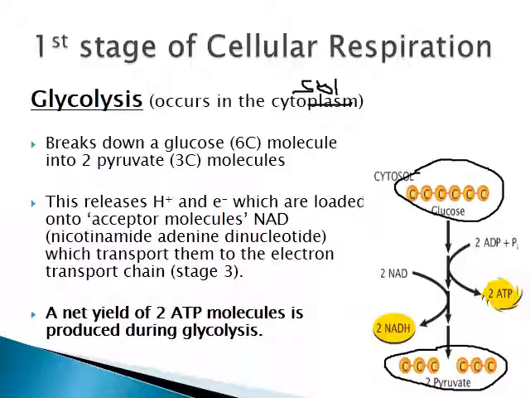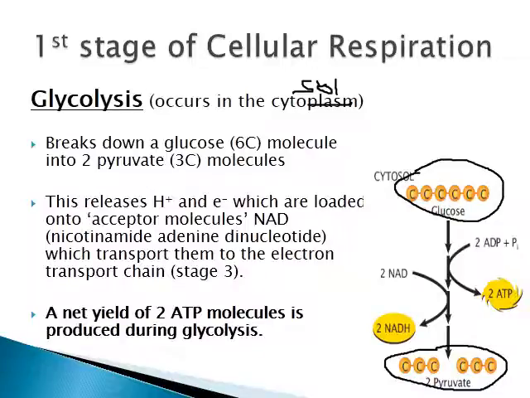Now in doing that, we're actually able to produce some ATP, and we can produce 2 ATP in glycolysis. And also, by breaking glucose down into pyruvate, we release some hydrogen ions and some electrons.